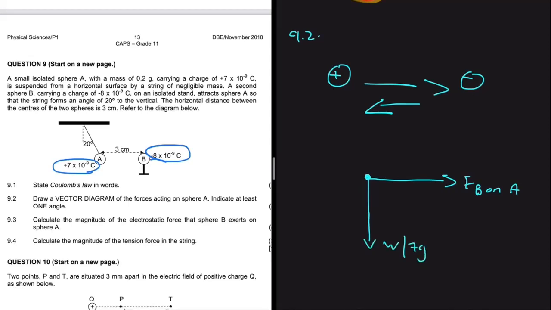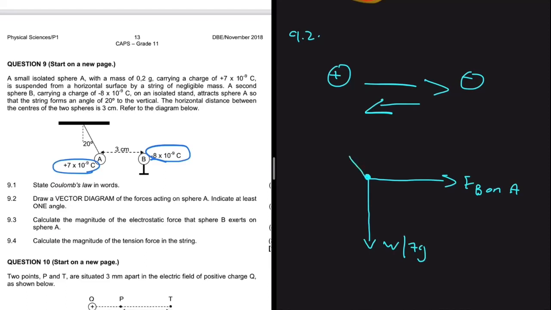And last but not least, we have the tension force from the string acting at an angle. The tension force is stopping sphere A from falling down because of gravity, and it's stopping sphere A from moving to the left.